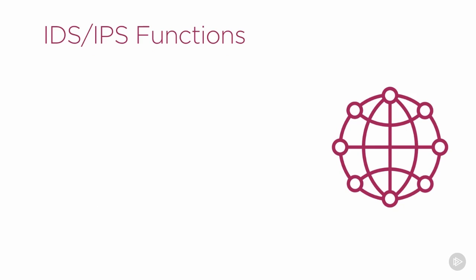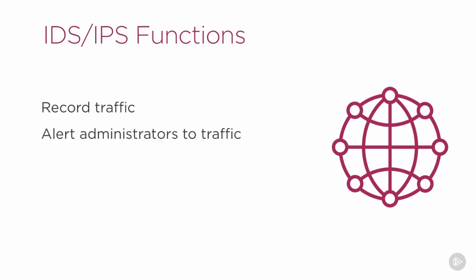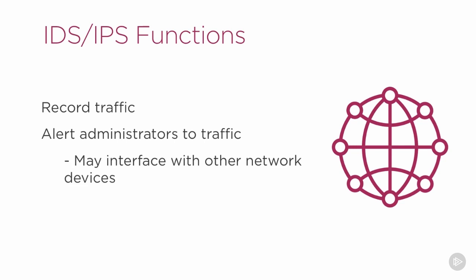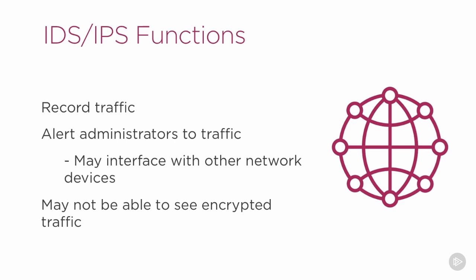The IDS and the IPS record the traffic, either on a network or on a host. They can alert us to some types of problems and issues. And in some cases, an IDS will interface with a firewall and say, hey, you should reset that connection or drop that connection. But the problem with these, again, especially a network-based IDS and IPS, is that it's blind to encrypted traffic.